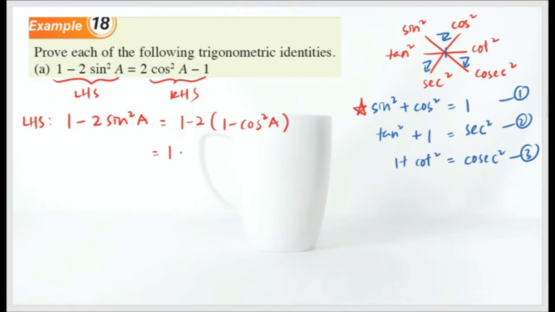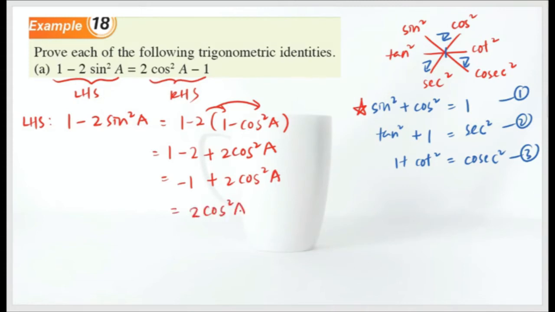So equal to 1 minus 2 times (1 minus cos square a). You multiply in, expand out: 1 minus 2, negative becomes positive, 2 cos square a. So 1 minus 2 is negative 1 plus 2 cos square a. The answer has 2 cos square a, so we rearrange the sequence and move it: 2 cos square a minus 1. So we have proved it already.